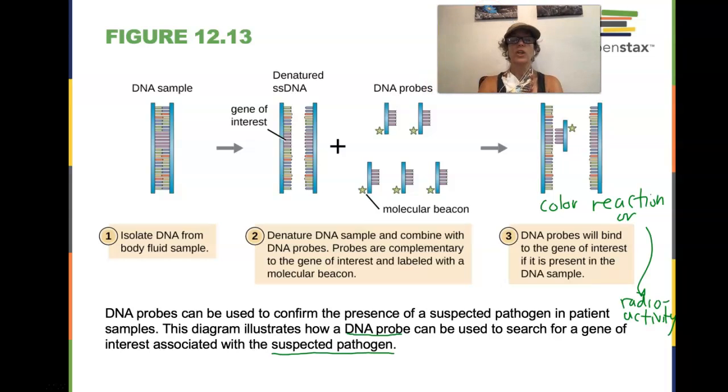DNA probes are a way to look for DNA of interest. In this case, we're looking for a suspected pathogen. If a person has pathogens that can enter body fluids such as the blood or saliva or sexual secretions, then that fluid can be isolated from the patient.